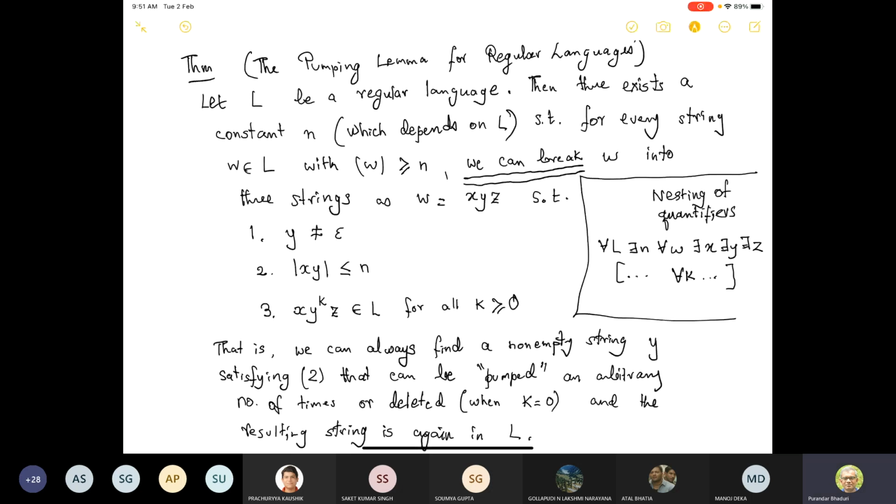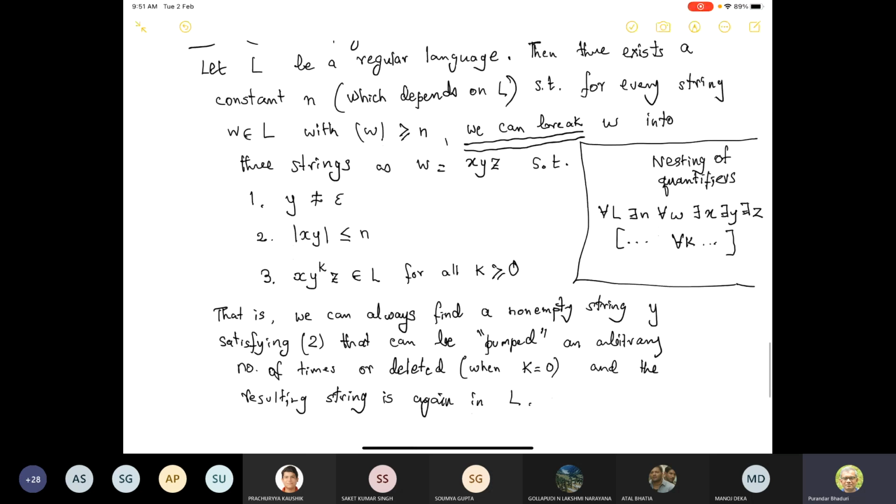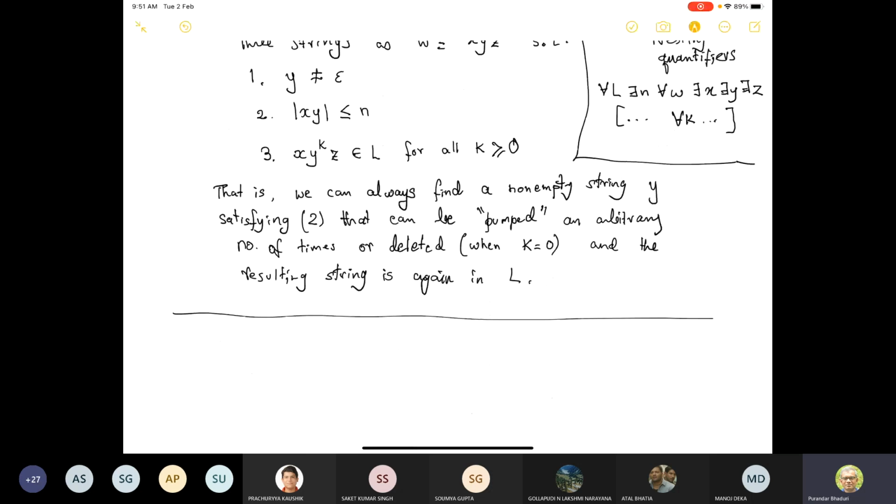Yes, and that is why it is so difficult for beginners to really fathom what's going on here. So I advise you to spend some time just understanding the statement of the theorem, and maybe today, instead of trying to prove it, let us try to apply the pumping lemma. We'll see the proof in the next class.